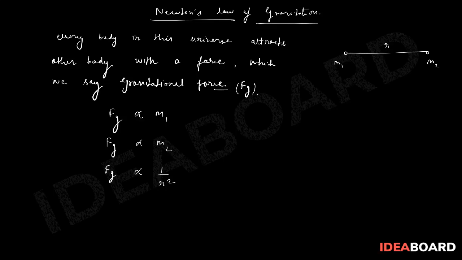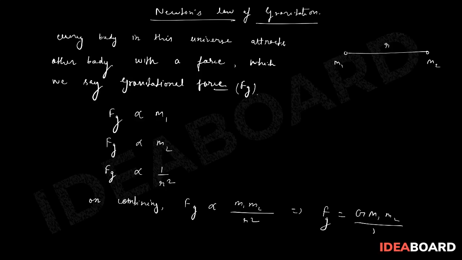So here r square, r is the separation. So on combining these, we get Fg is proportional to m1 m2 upon r square. To remove this proportionality, we write Fg equals G m1 m2 by r square. This is going to be the gravitational force.